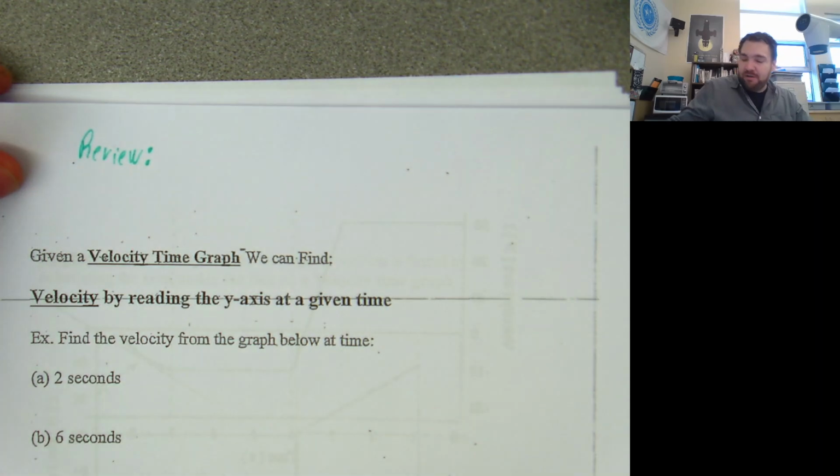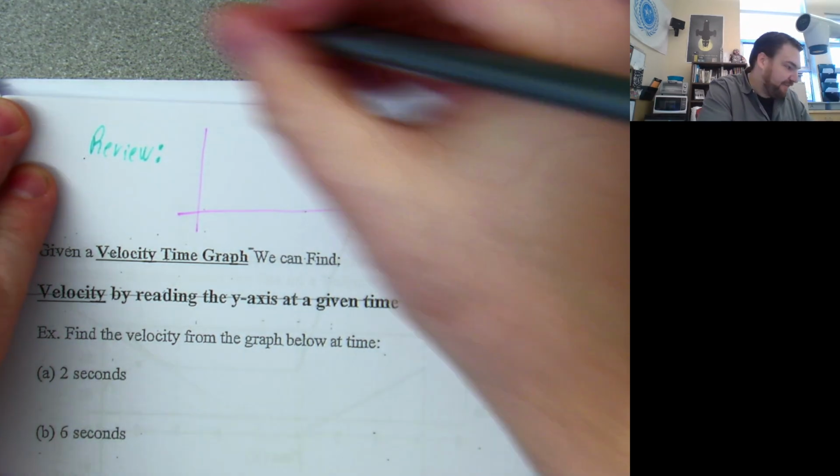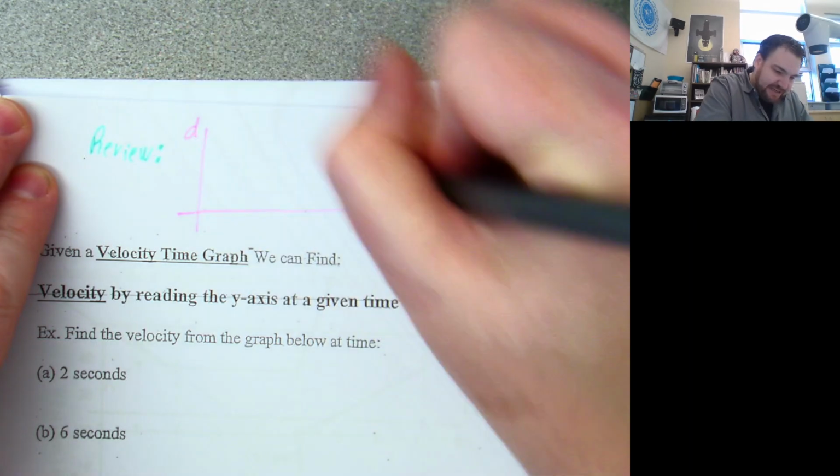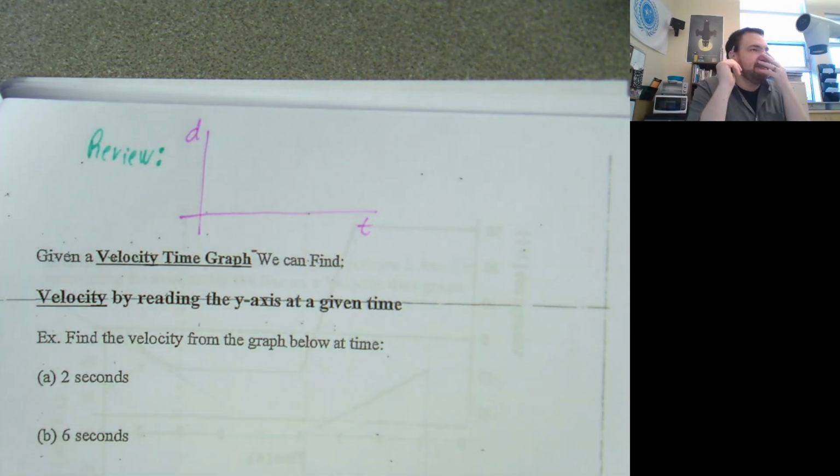If we recall, when we graphed D and T, a displacement graph, and how you name this thing, it's the same concept. We name it three different ways. It's either a displacement versus time graph, a position versus time graph, or a distance versus time graph if the thing never goes negative and you're looking for speeds.